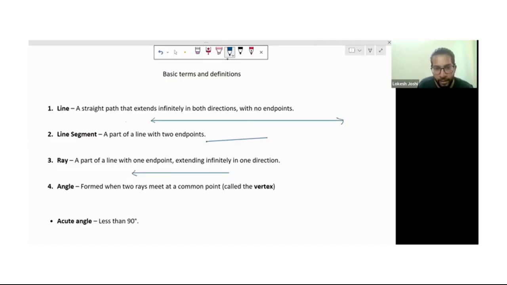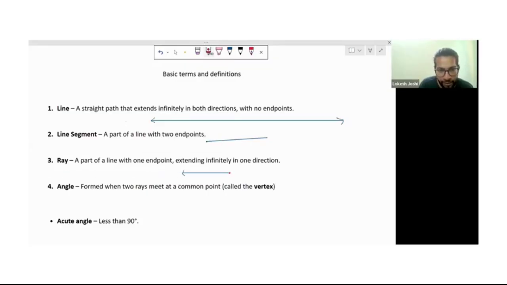So this is a ray. This endpoint is fixed. I am using the red color so it will be more visible. This one is the endpoint and the other one is not fixed. It can vary, but it will vary only in one direction like that.